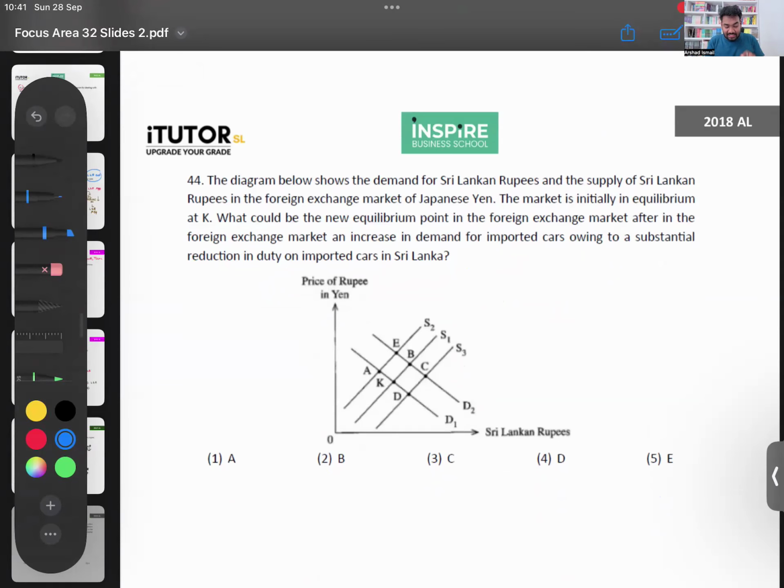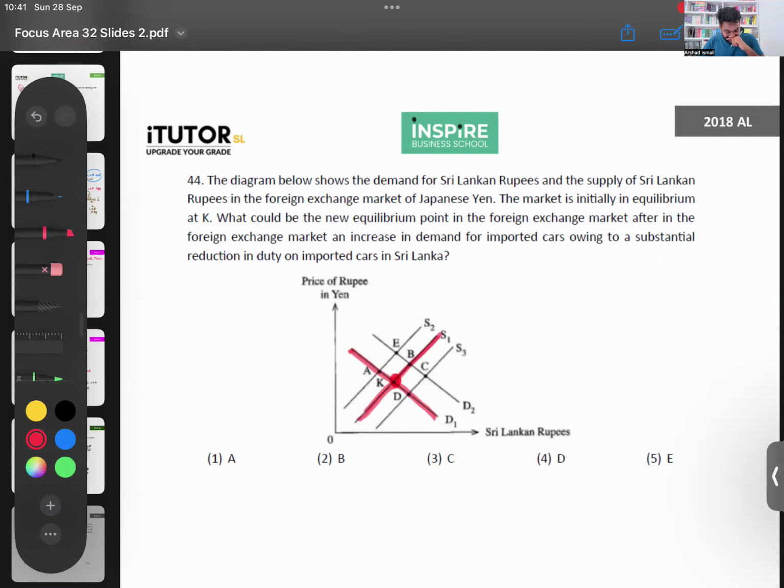Question 18 is saying the diagram below shows the demand for Sri Lankan rupees and the supply of Sri Lankan rupees in the foreign exchange market of Japanese yen. The market is initially at equilibrium at point K. I'll mark K with a red dot. That means this is the original supply curve and this is the original demand curve.